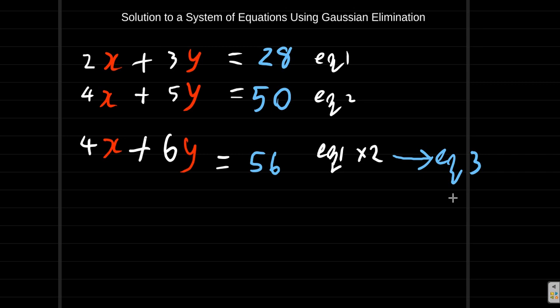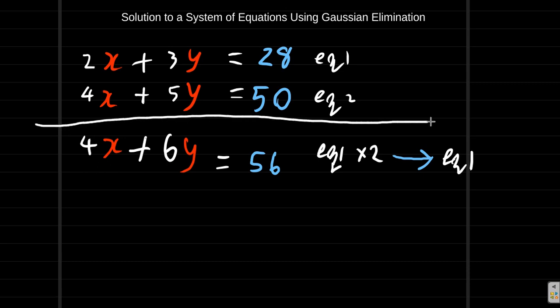Now we could write this as a new equation, but what we're going to do is rewrite everything. So we replace this. This is still equation 1, it's still valid. So we call it equation 1. So we rewrite equation 2. Let us draw a line. Rewrite equation 2.